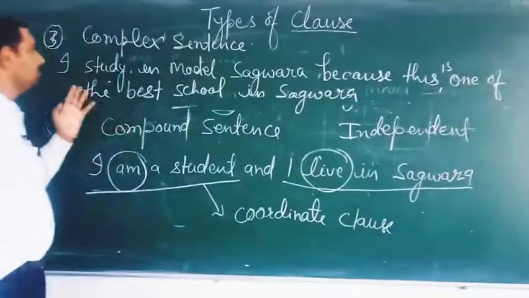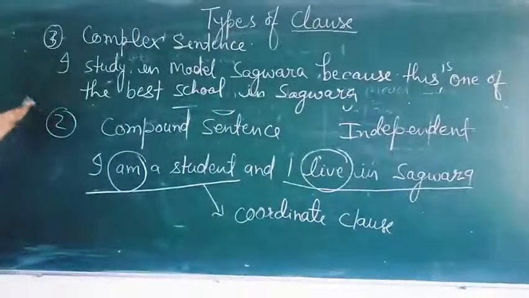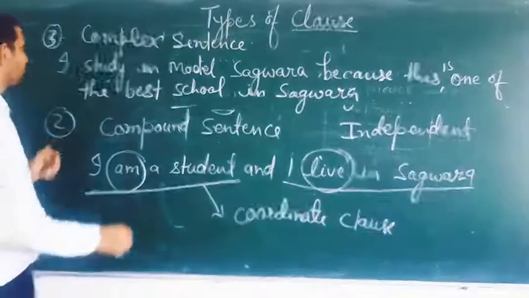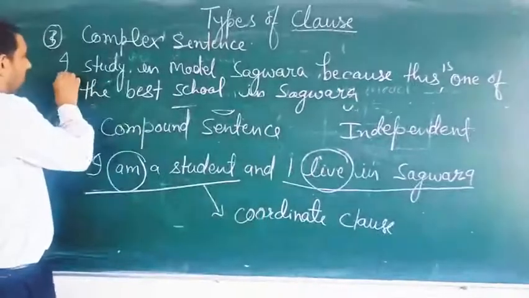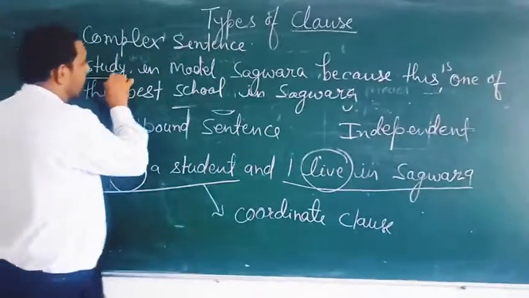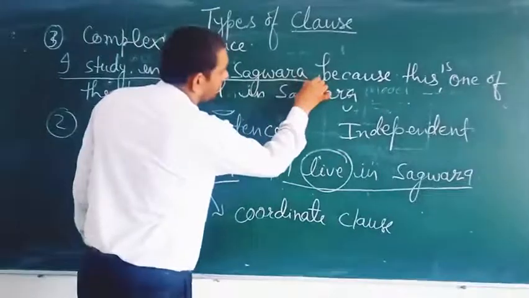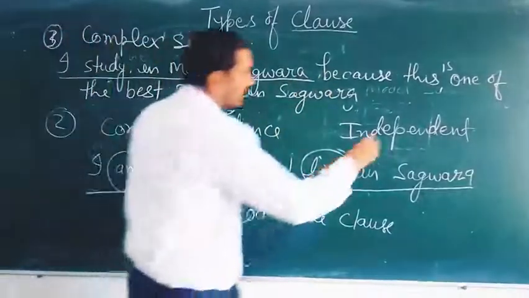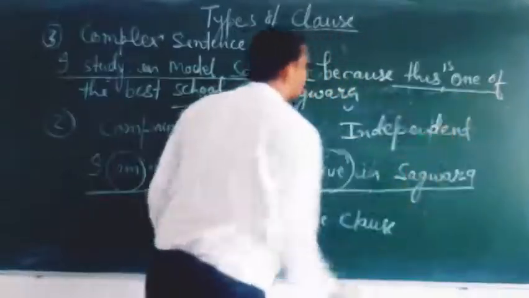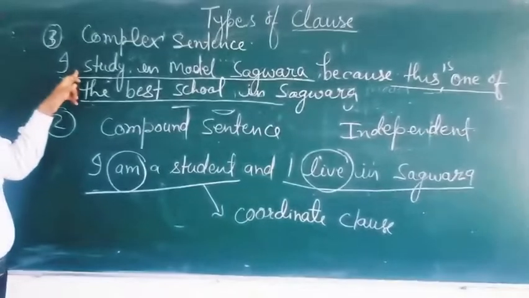So this is a complex sentence because in this sentence we can see two clauses. One clause starts from I study in the model school Sagwada, and another starts from this is one of the best schools. The second clause depends on the first clause.